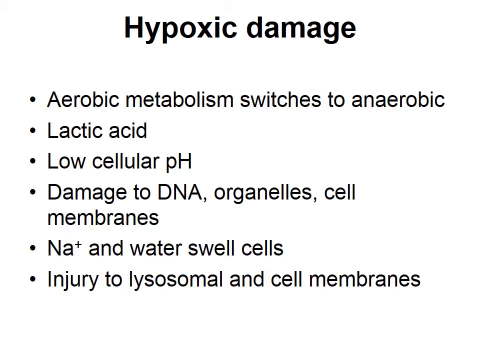When a cell is not getting a good supply of oxygen, it's not going to be able to produce energy as normal. And this means the amount of ATP, the amount of adenosine triphosphate in the cell, is going to be reduced. It's going to be lacking this essential ATP, energy-rich molecule to fuel physiological processes.